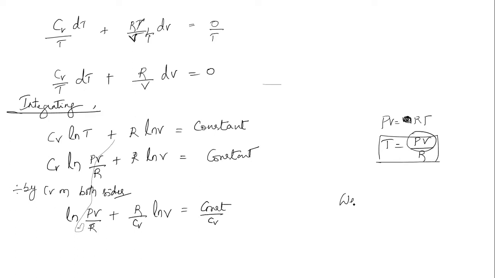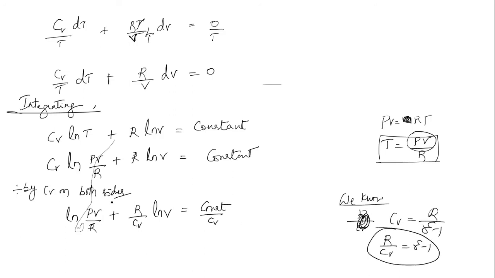We know that R by Cv is equal to R by R by gamma minus 1. Here R by Cv is nothing but gamma minus 1. Therefore, ln V coefficient R by Cv means it is gamma minus 1 ln V. Constant divided by Cv is also constant. Therefore, constant divided by constant, you get a constant.